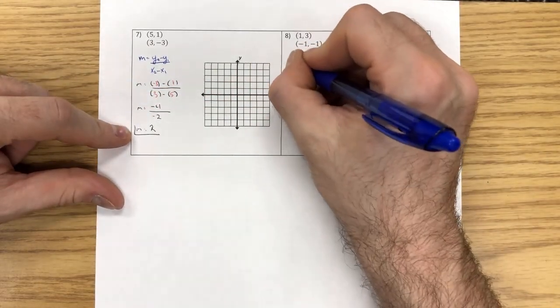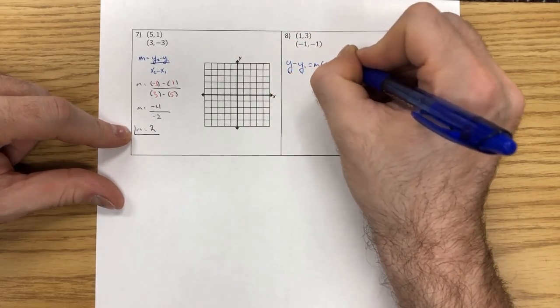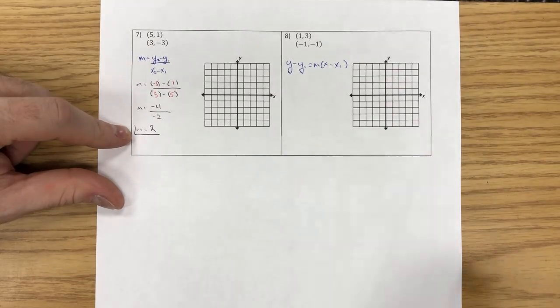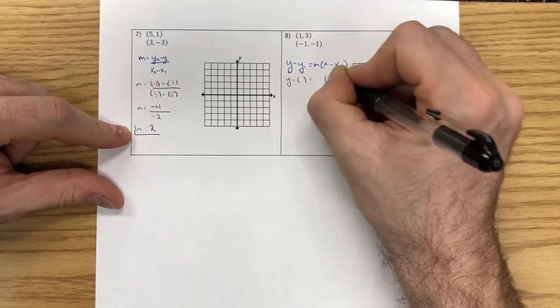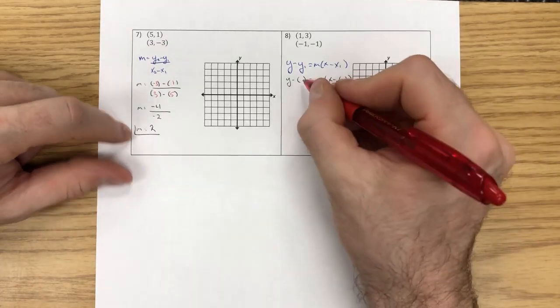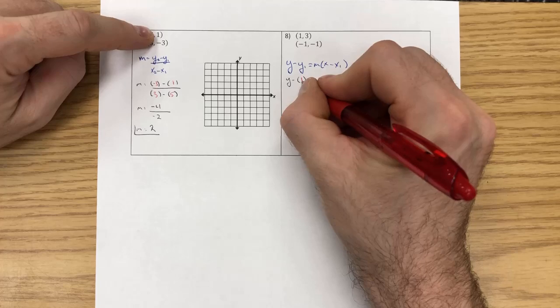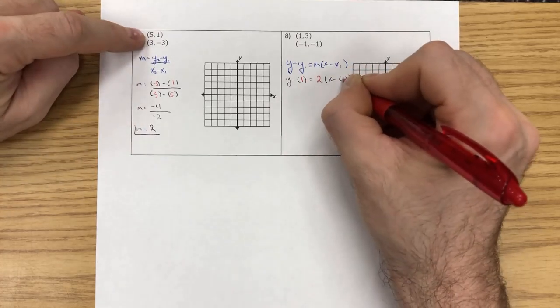And that way I can plug it into this formula over here, which is going to be y minus my y1 equals m times x minus my x1. My y1 is going to be a 1, my slope is a 2, and my x1 is a 5.